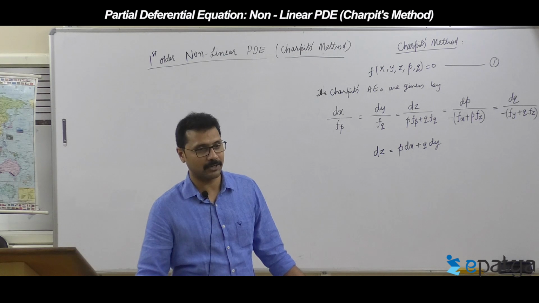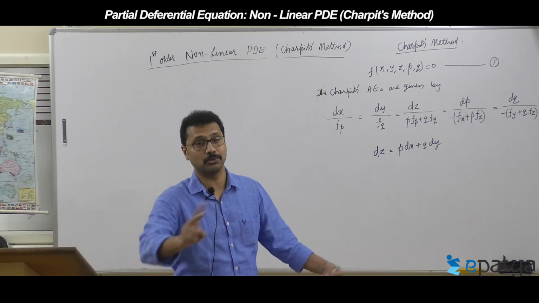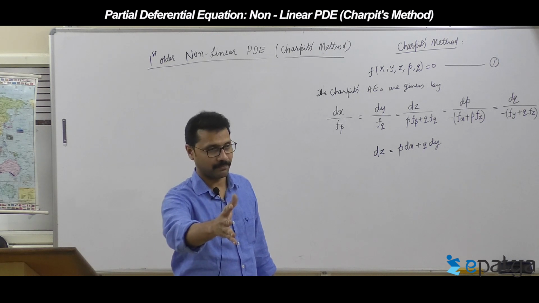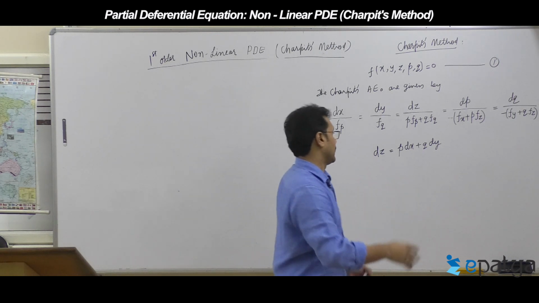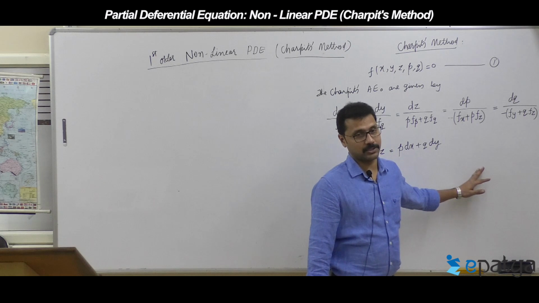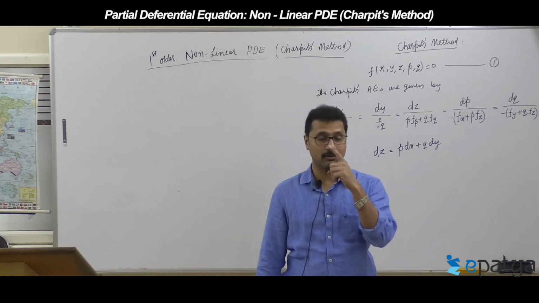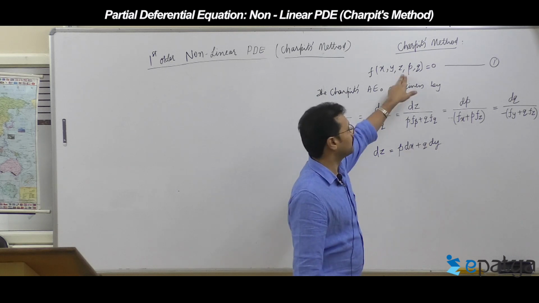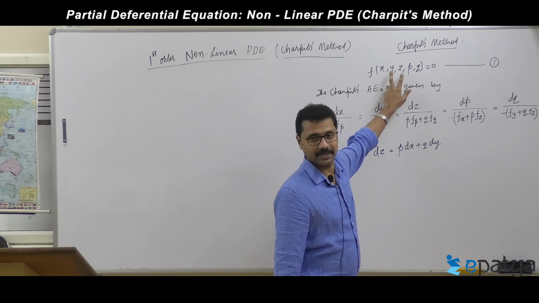Obviously, you cannot have three arbitrary constants. But even if you have a third arbitrary constant, you have to reduce it into two arbitrary constants by getting a relationship between c1 and c2 from this expression. Are you getting that?